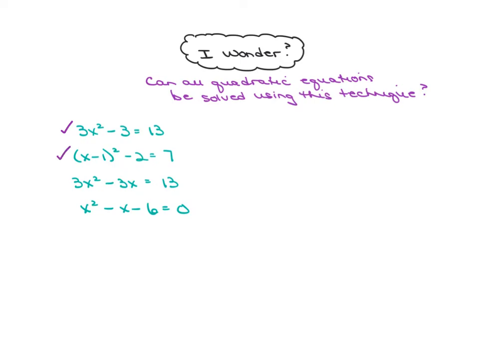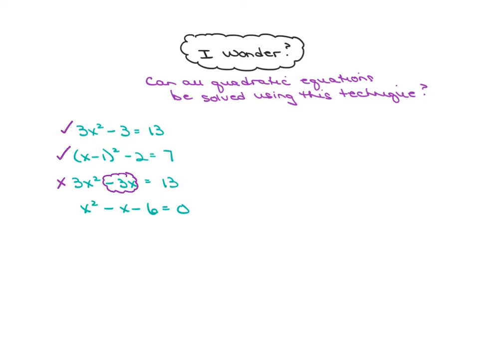All right, let's look at the next one. 3x squared minus 3x equals 13. I'm going to tell you this one cannot be solved using the square root method. So take a minute, pause me. What is different about this one? All right, here is the piece that is different.